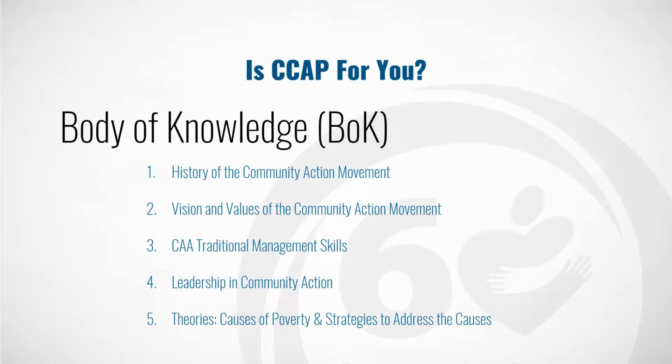CCAPs are leaders, and we need to know about leadership. And the 5th category is theories, causes of poverty, approaches and strategies to address those causes. What are we looking at now in the modern part of our work? What's innovative? What's new? What's working? What do we know doesn't work? Theories about why poverty exists, and strategies for addressing it. That's your body of knowledge.